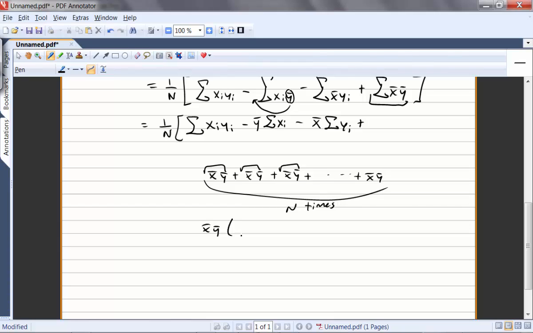So x bar y bar times 1 plus 1 plus 1 plus 1, all the way out to plus 1, n times. What's 1 plus 1 plus 1, n times? That's just 1 times n equals n. So x bar y bar times the sum of 1's, n of them, is just n times x bar y bar.